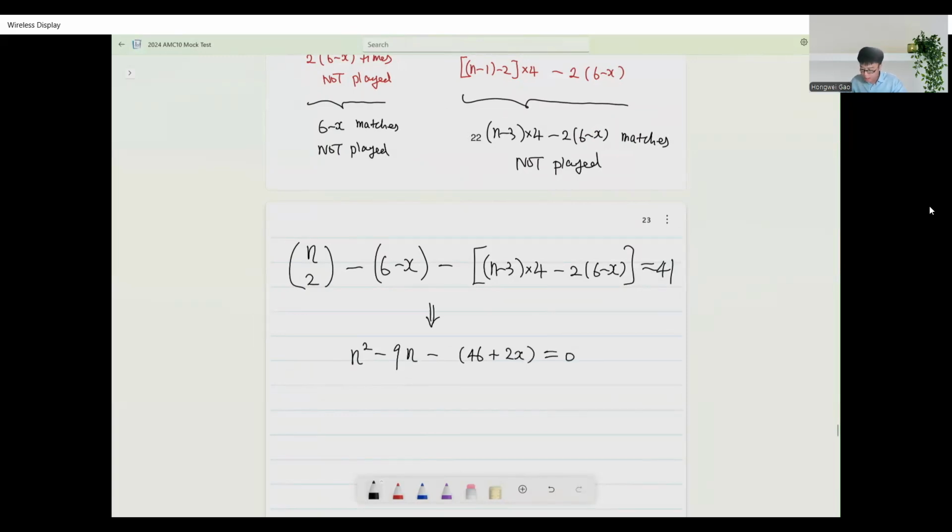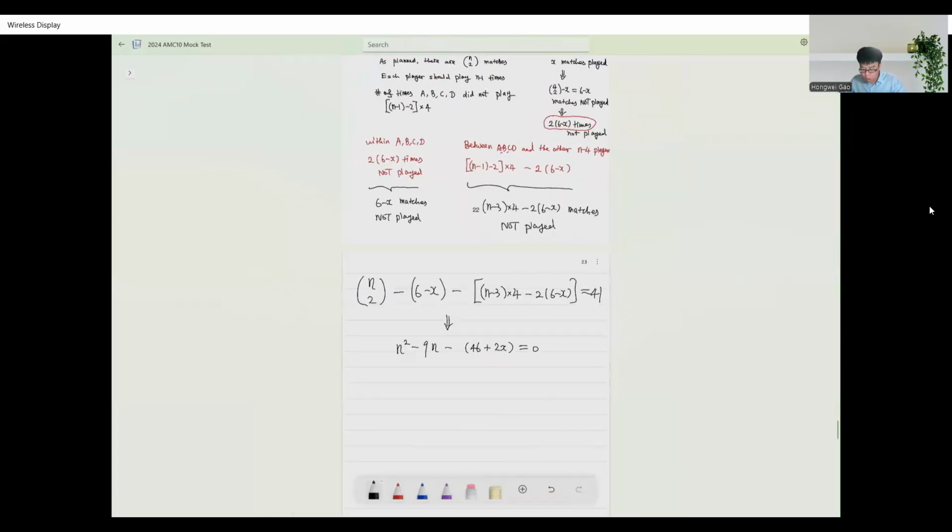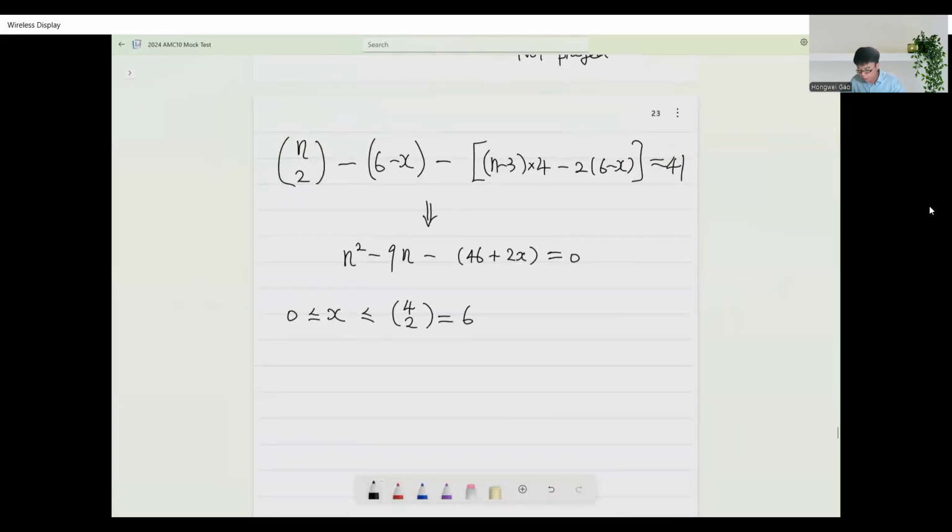We know that x is between 0 and 6, since 4 choose 2 equals 6. So we can check for what kind of x the above equation will have integer solution n.